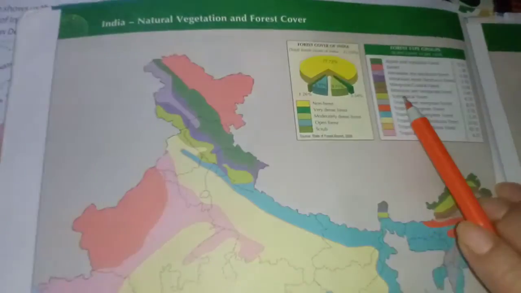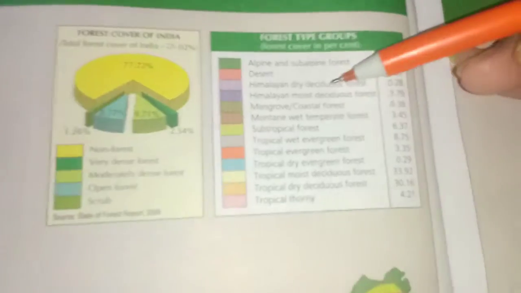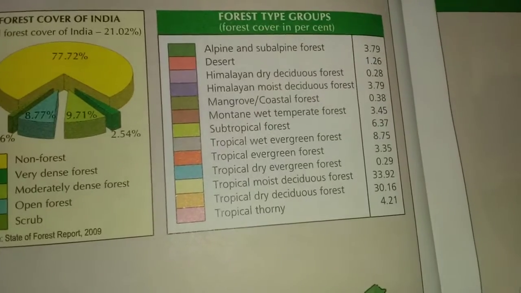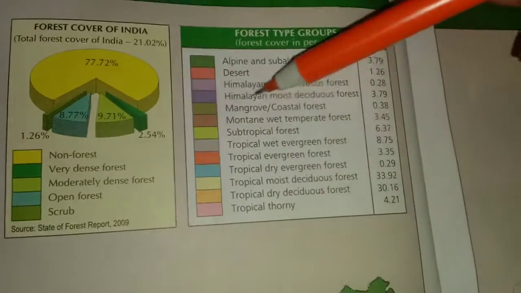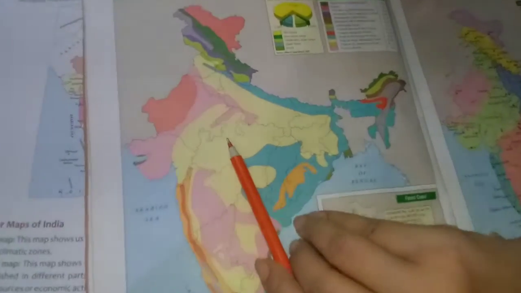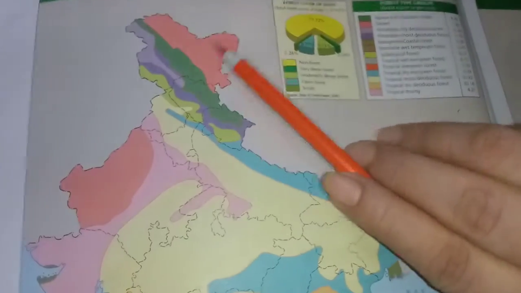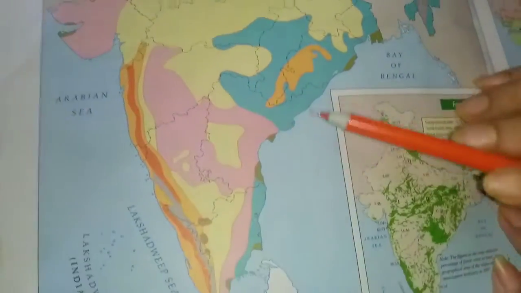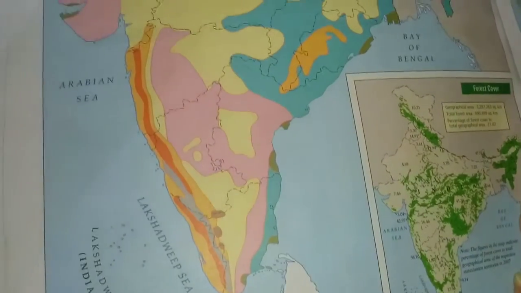Different colors show different types of forests. This is the index, forest type groups. Here in the map we can have a look at it and try to understand. Different colors show different vegetation groups or forests.